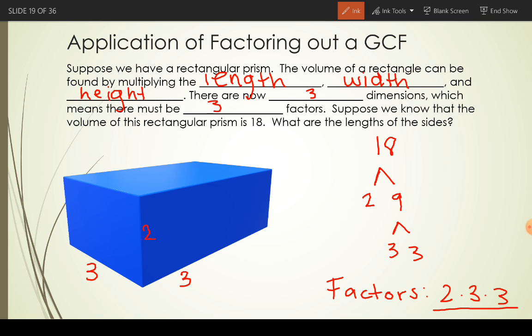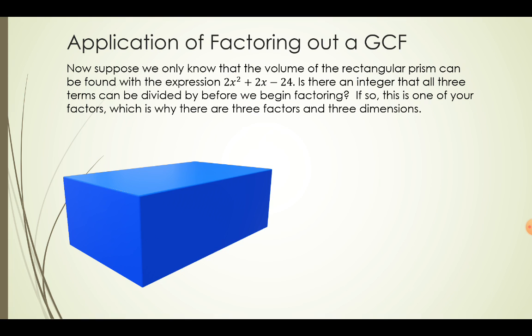So we can also find the lengths of sides of things that have 3 dimensions. All right, so suppose we only know that the volume of a rectangular prism can be found with the expression 2x squared plus 2x minus 24.